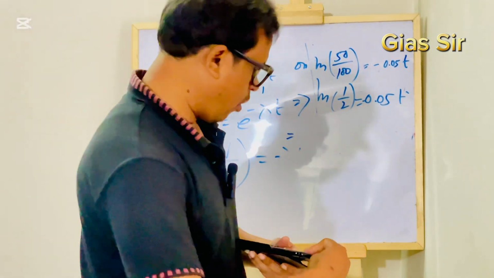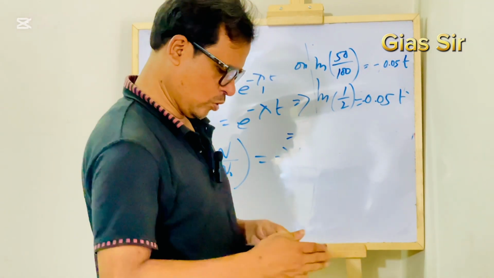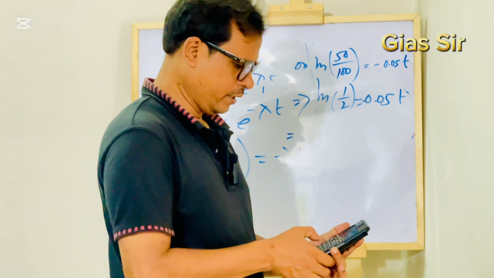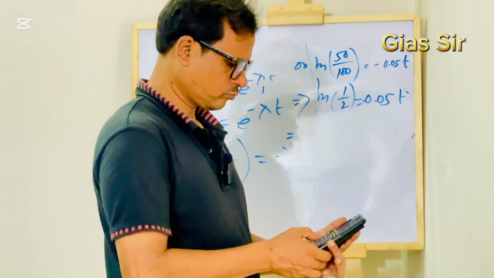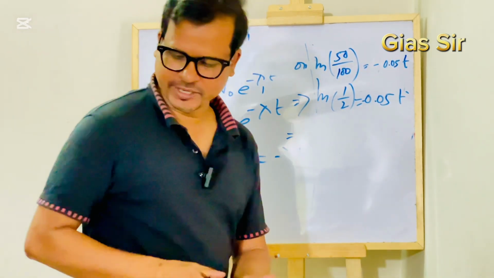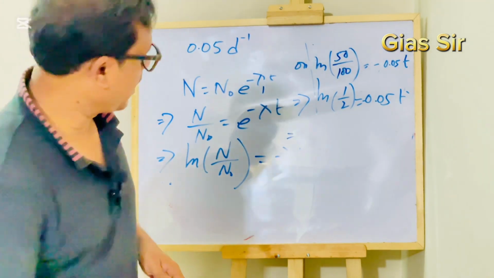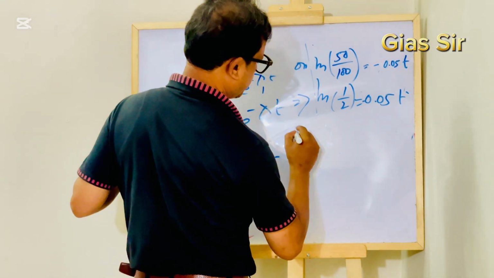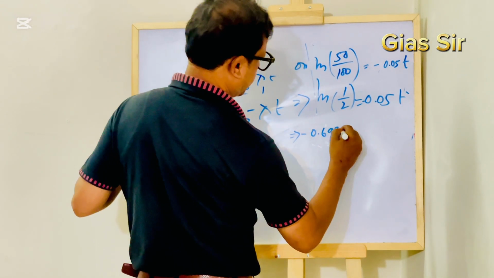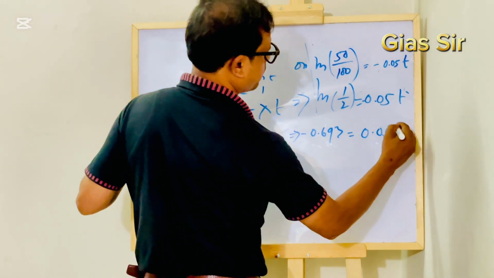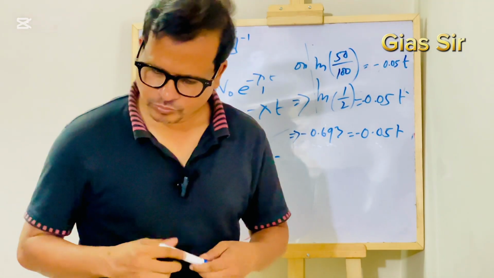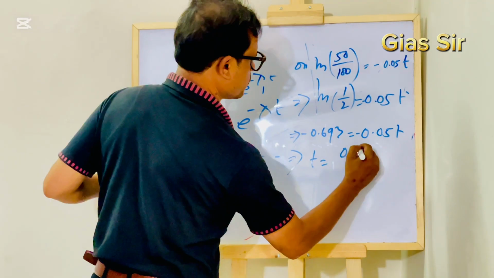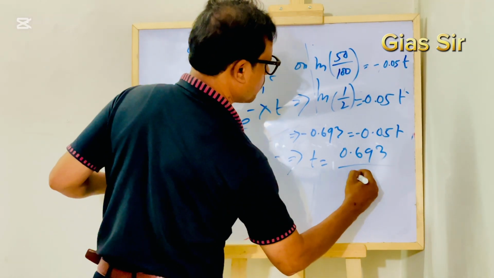What's the value of ln half, ln one upon two? Minus 0.693. Now the minus cancels, and t equals 0.693 upon 0.05.